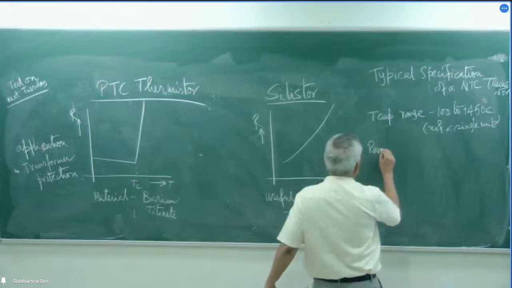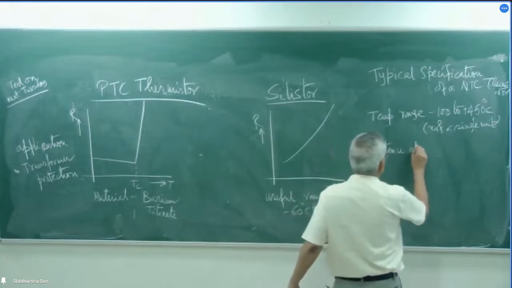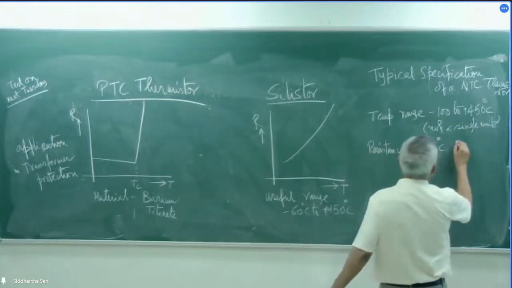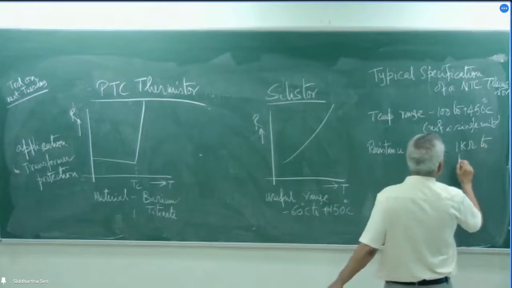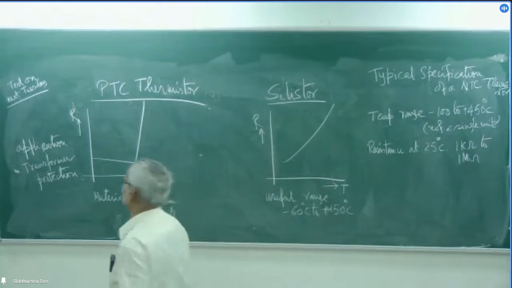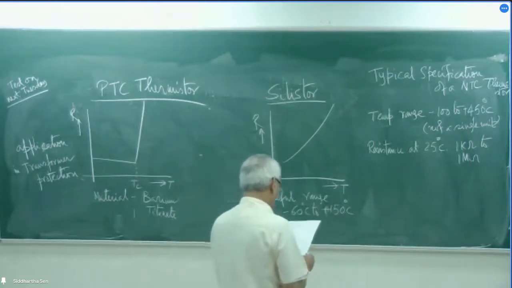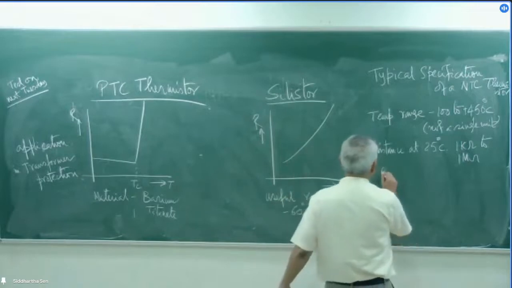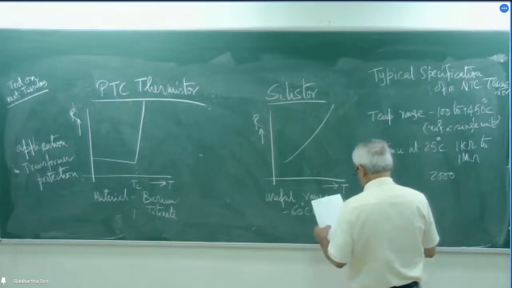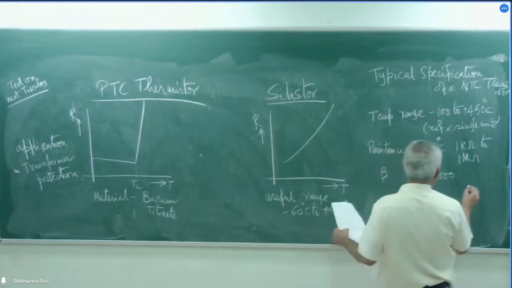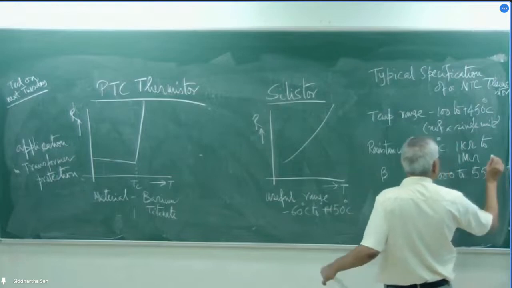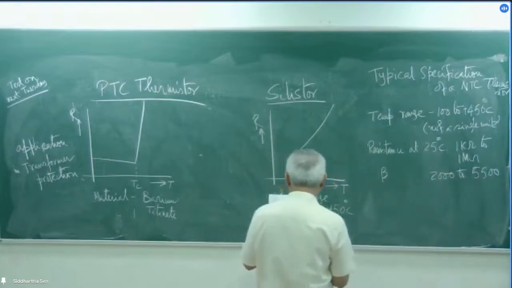Resistance in the specifications, we always specify at 25 degrees Celsius. It could be 1 kilo ohm to 1 mega ohm. So we can have 1 kilo ohm, 10 kilo ohm, 20 kilo ohm, up to 1 mega ohm. And the beta value can vary from 2000 to 5500, but normally it is 4000, as we just did.